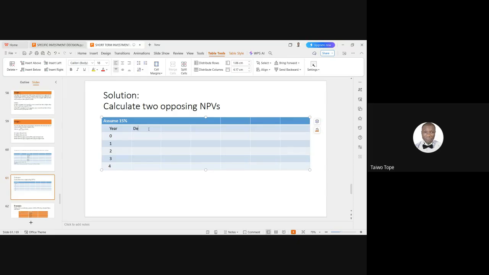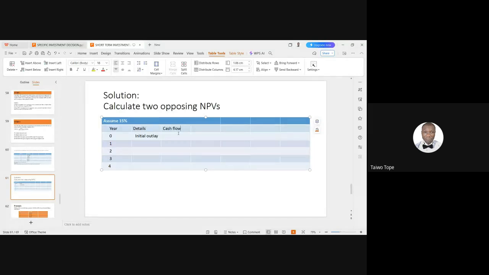So the details: the initial outlay will be the cash flow. And the initial outlay, what type of cash flow is that?